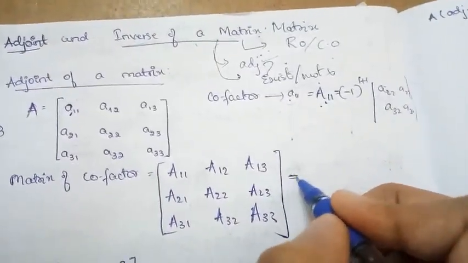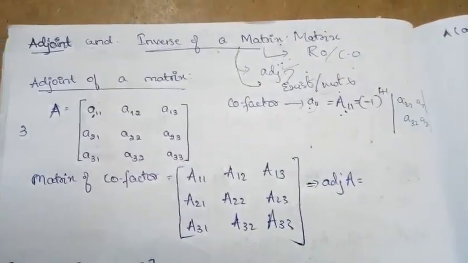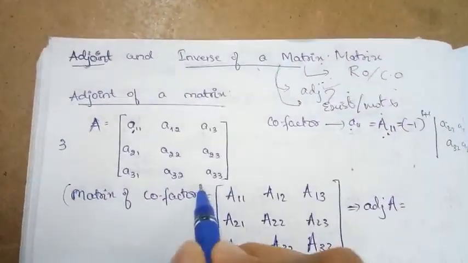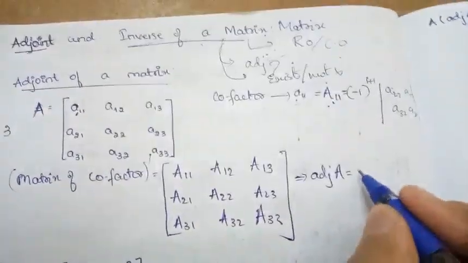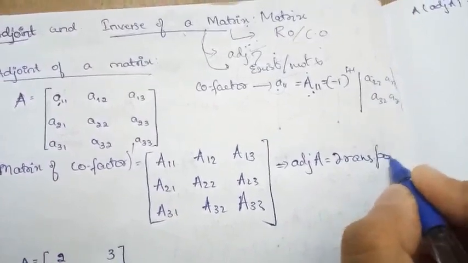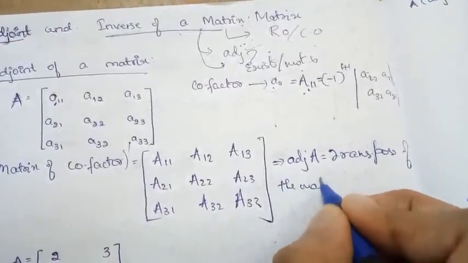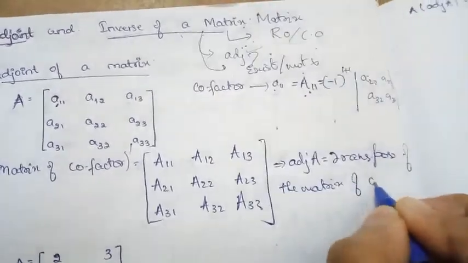Then adjoint of A. Adjoint of A is nothing but the transpose of the matrix of cofactors.